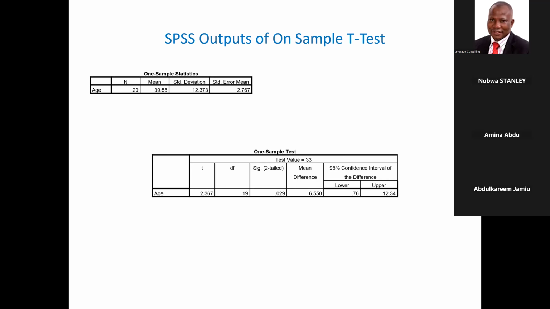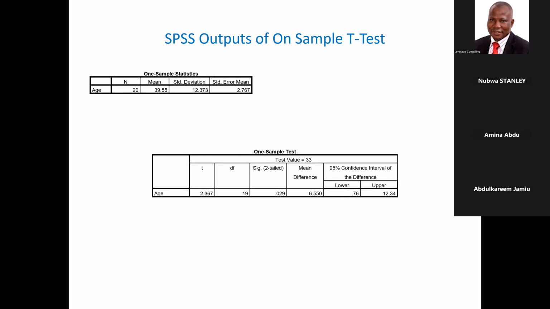So the 95% confidence interval of the mean difference is 0.76 to 12.34. Can you see? What it's telling you is that the difference in my sample is 6.55.